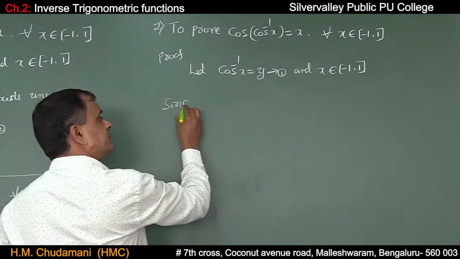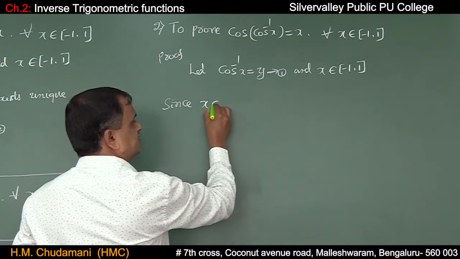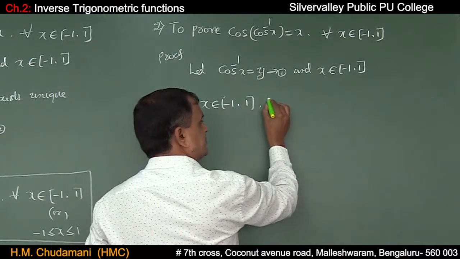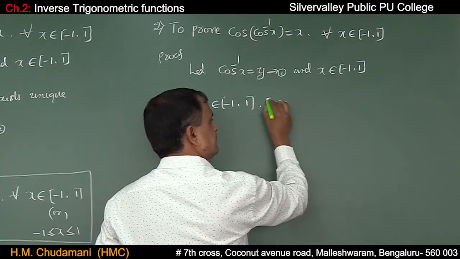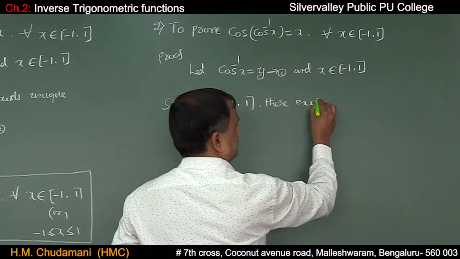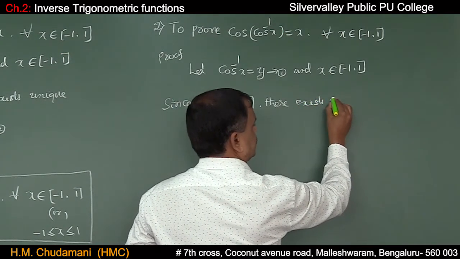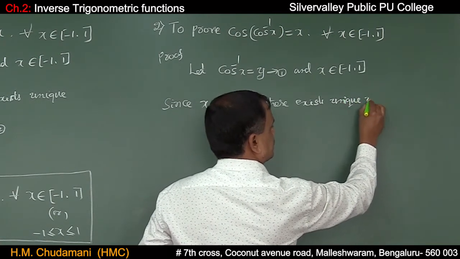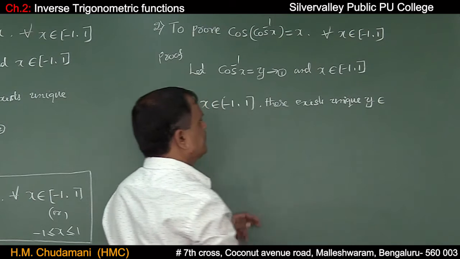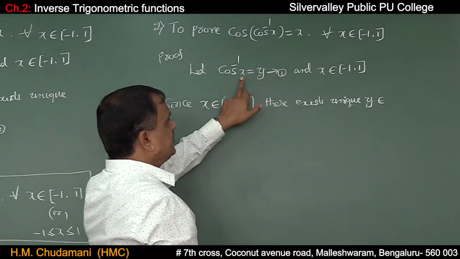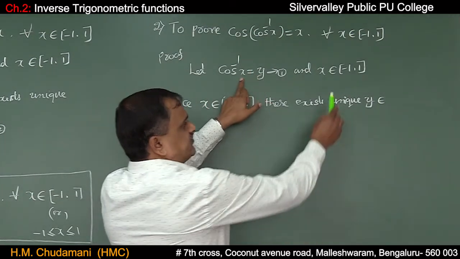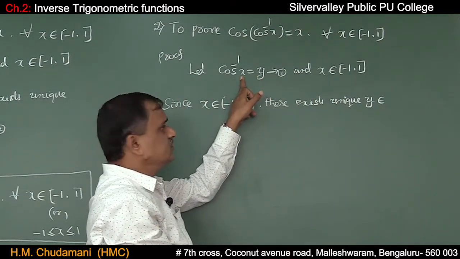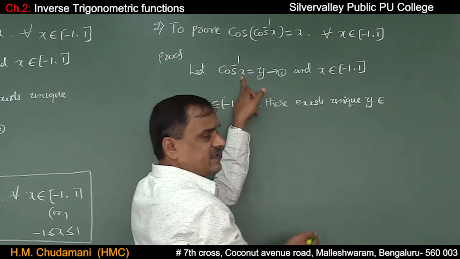Since x belongs to minus 1 comma plus 1, there exists a unique y belongs to... If I select x as minus 1 means y equals cos inverse of minus 1, pi.